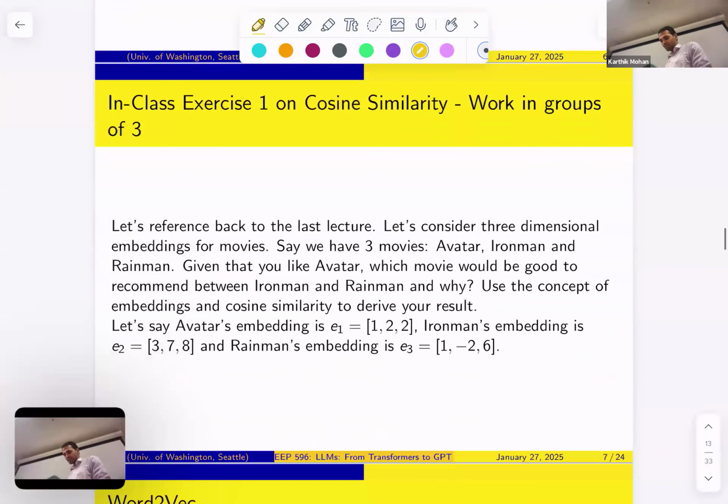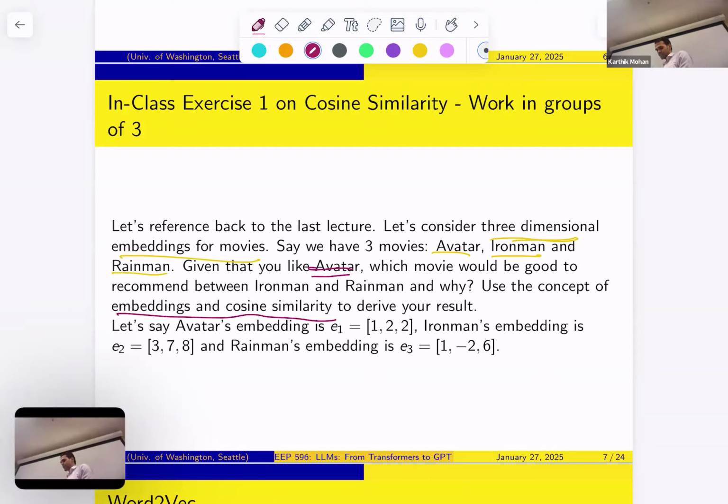So I would love for you guys to again work in groups of 2 or 3. Just take a look at this problem. Let's consider 3-dimensional embeddings for now for movies. Let's say we had 3 movies: Avatar, Iron Man, and Rain Man. So given that you like the movie Avatar, which movie would be good to recommend between Iron Man and Rain Man, and why? So use the concept of embeddings and cosine similarity to derive your result.